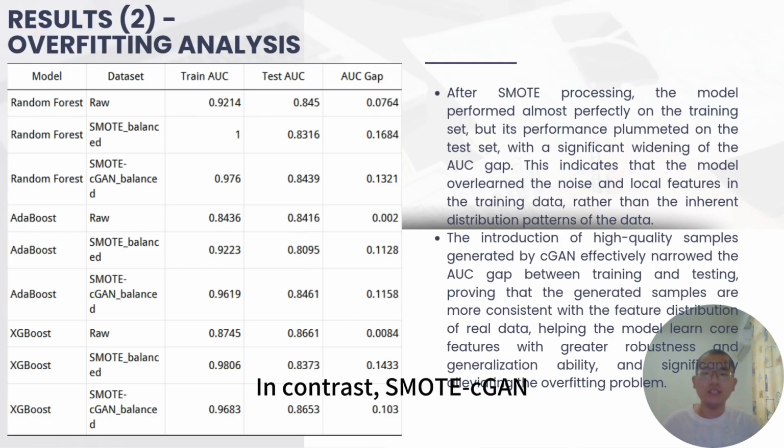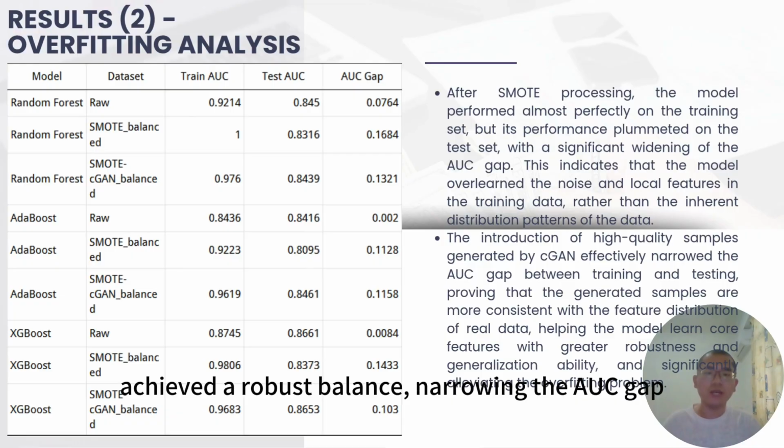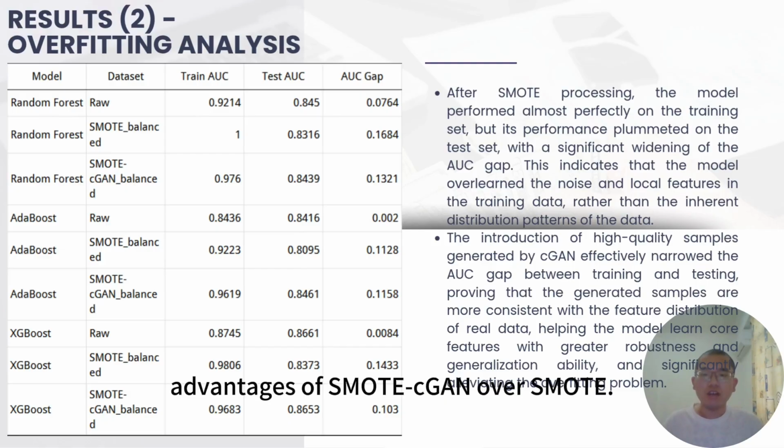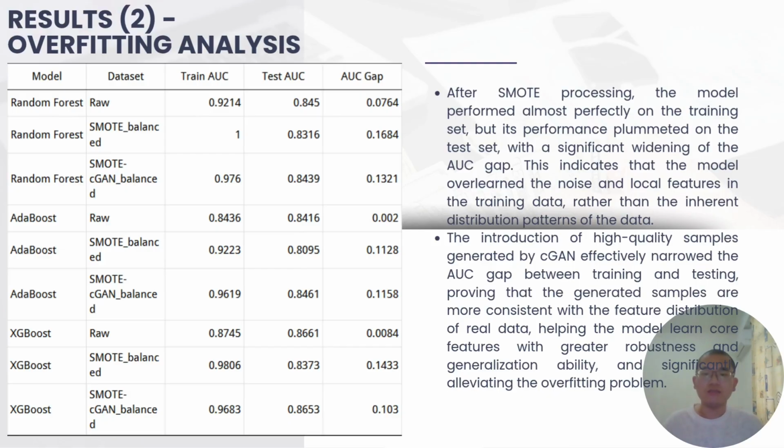In contrast, SMOTE-CGAN achieved a robust balance, narrowing the AUC gap to from 0.1030 to 0.1321, significantly alleviating the overfitting problem. This is one of the advantages of SMOTE-CGAN over SMOTE.